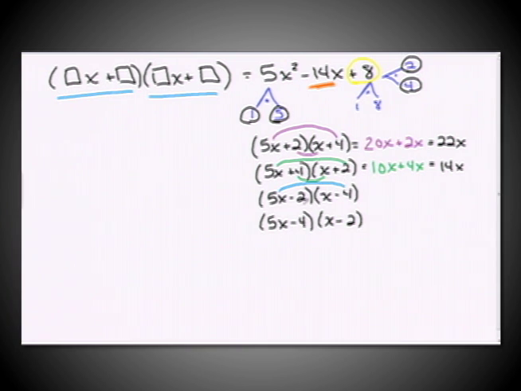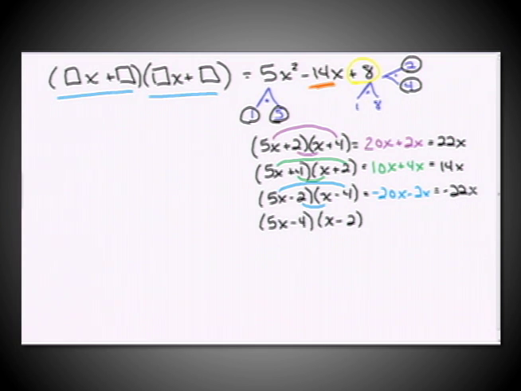So multiplying the outside terms and the inside terms for this particular one, we get 5x times negative 4, which is negative 20x, and negative 2 times x is negative 2x, which gives us a total of negative 22x.